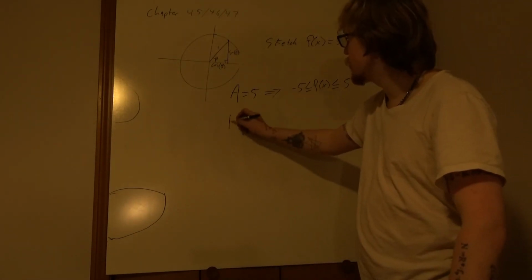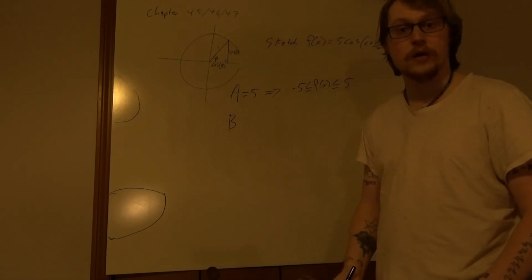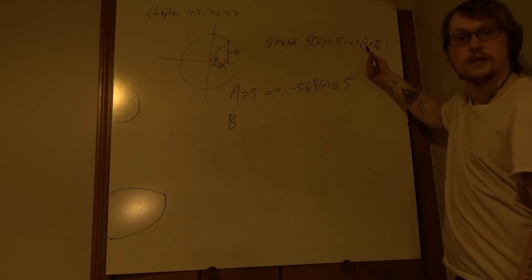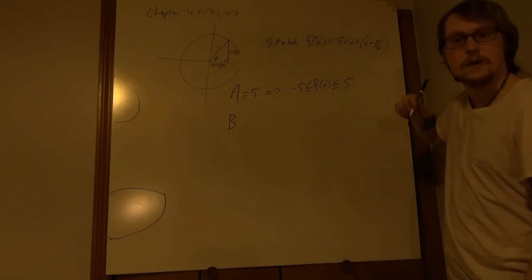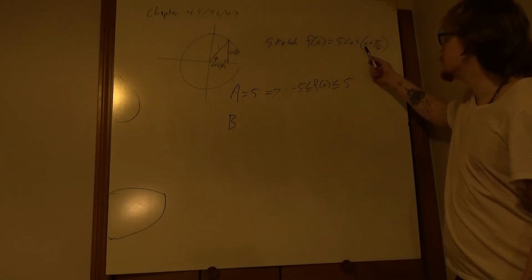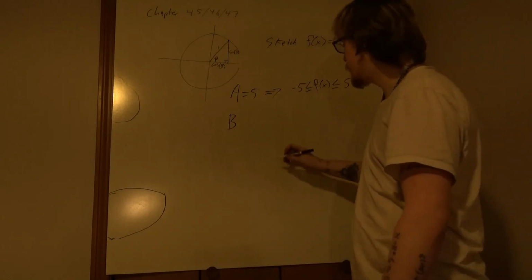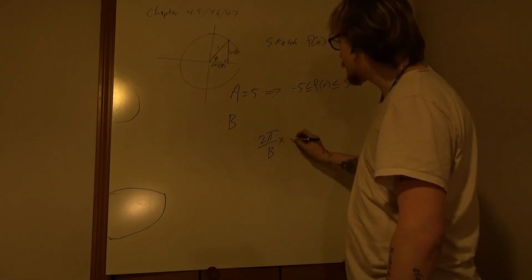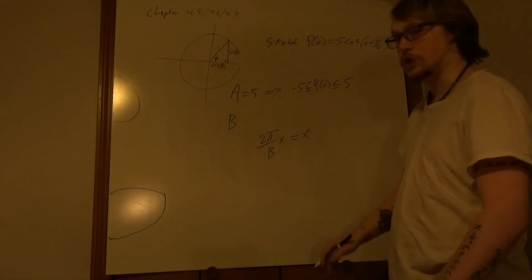So next question, what is our period? Since this is just plain old x, I'm not sure you can see that, but take my word for it, this is just plain old x, then we must have 2 pi over b times x equals just x.